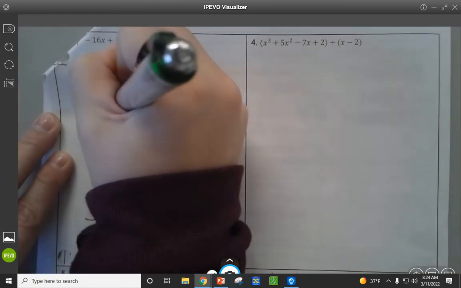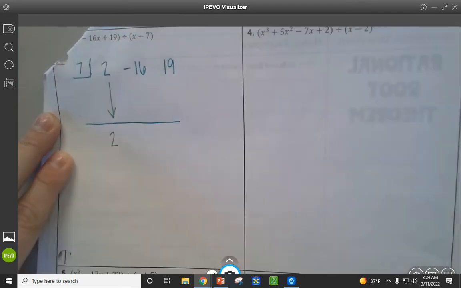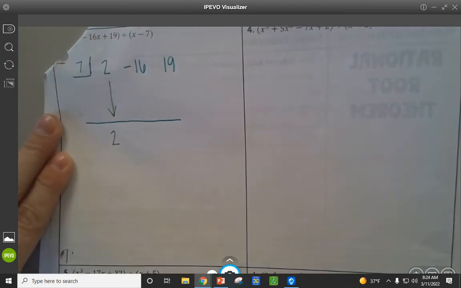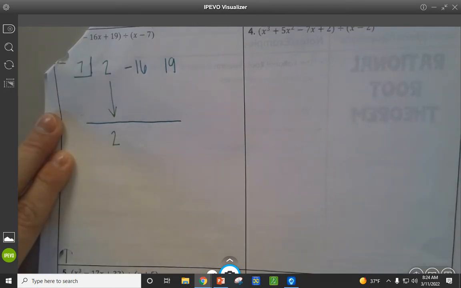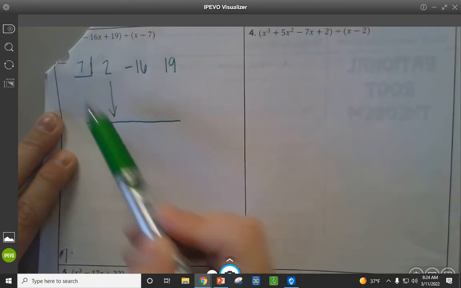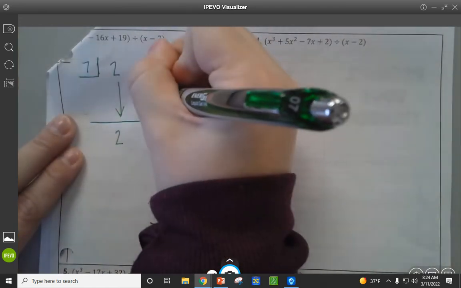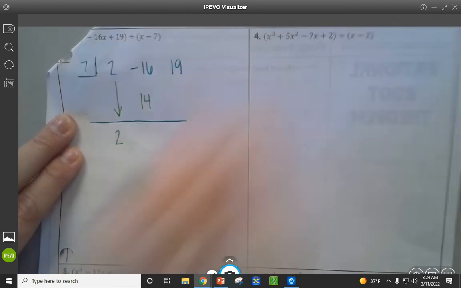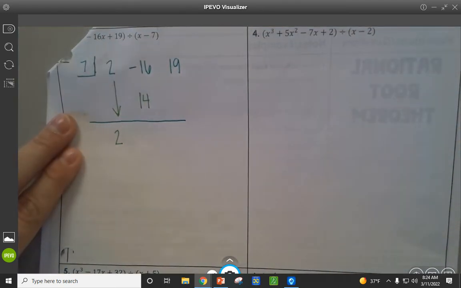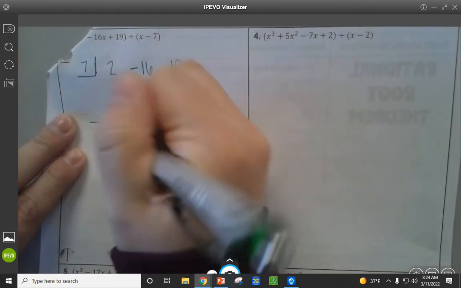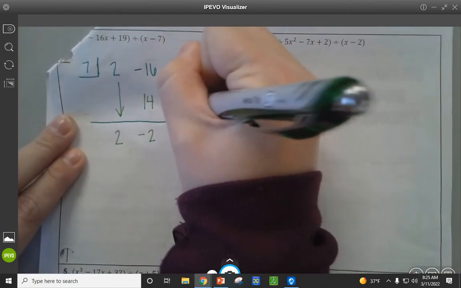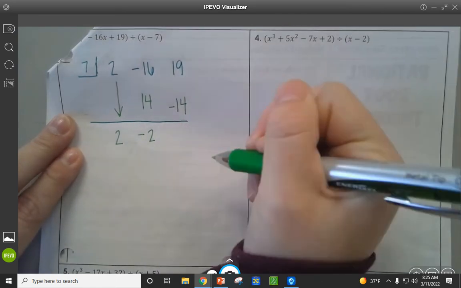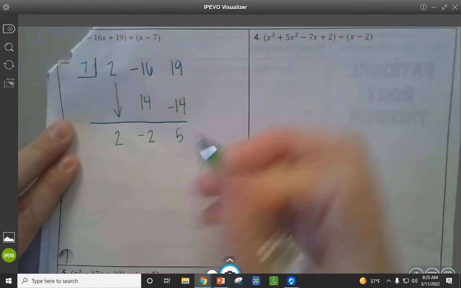Step 1 is to bring down the first number, and we get 2. Then I multiply. So bring down, multiply, add, multiply, add, multiply, add. So 2 times 7 is 14. Then I add. Negative 16 plus 14 is negative 2. Multiply, and I get what? Negative 14. And then if I add, I get 5.